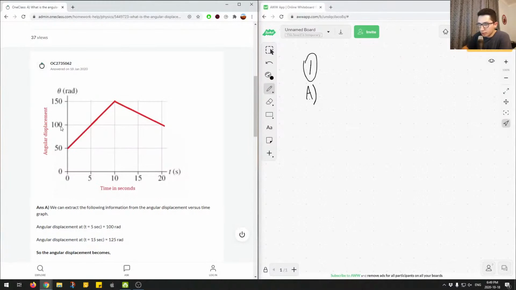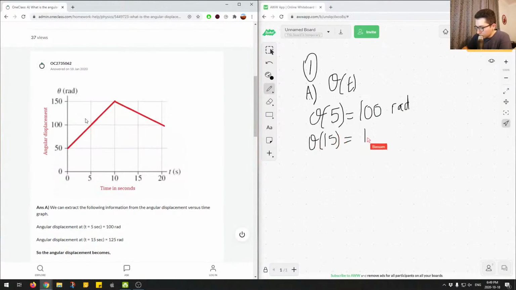So we'll say theta at time 5 equals 100 radians. And at time equals 15, we can see that this is about 125, so theta at 15 equals 125 radians.